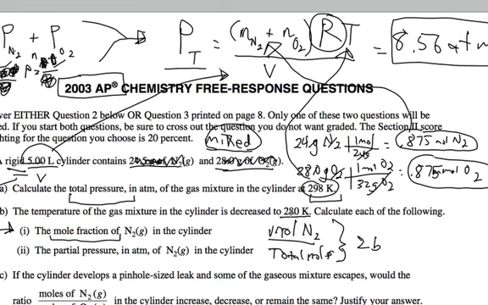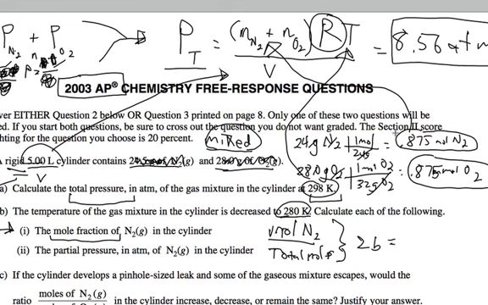You'll see this in equation 2b, multiplied by the total moles often. It's basically the fraction of moles inside this container. Even if the temperature has dropped to 280, since it's sealed, these moles are not leaving. These particles are just going to have a lower kinetic energy, and they're going to bounce off this container with a smaller pressure. Nothing is escaping. So the mole fraction is not going to change even though the temperature is decreased.